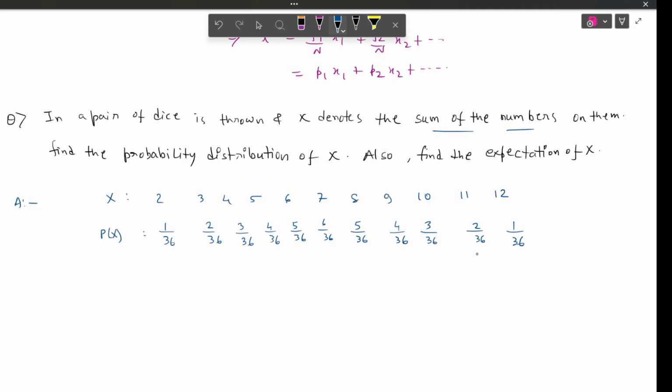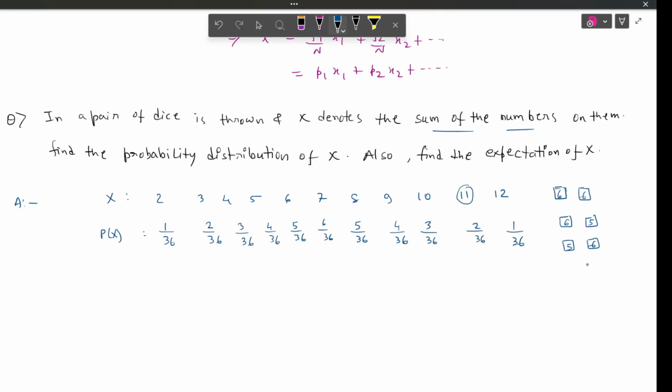So how did you get these probabilities? See, if you want to find sum 12, one face can be 6 and the other face can be 6. There is only one possibility, so 1 out of 36. Now if you want to find sum 11, what are the possibilities? On one face it can be 6, on the other face it can be 5. On this face it can be 5 and on this face it can be 6. So 6, 5 is 11.